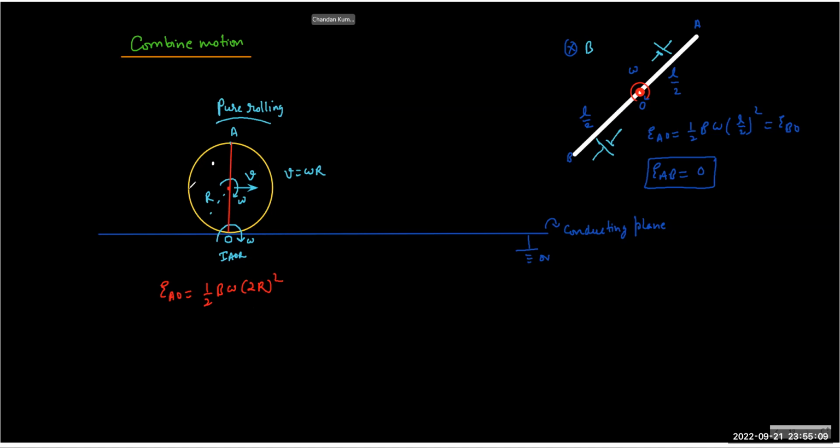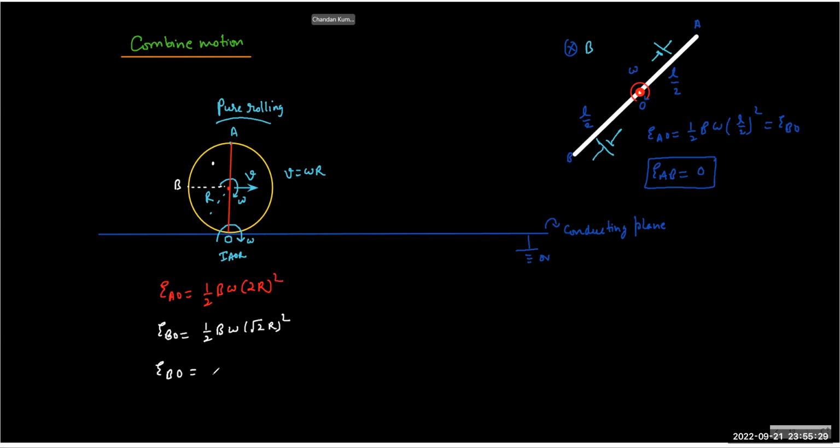Let's say if I choose a point B here, so EBO will be how much? Half B omega. So if someone is asking you what is the A and B difference, of course B is farther, so B will have high potential.